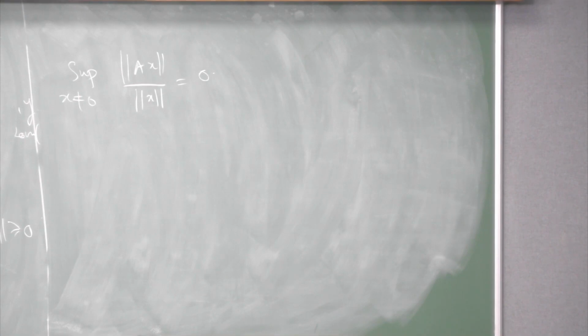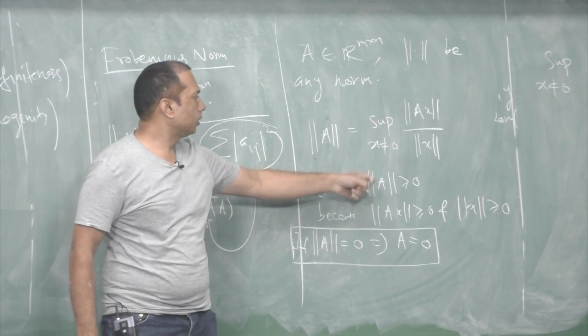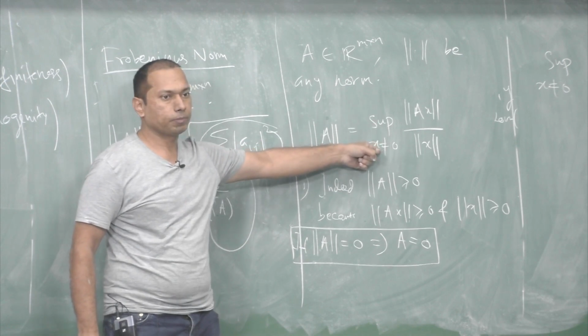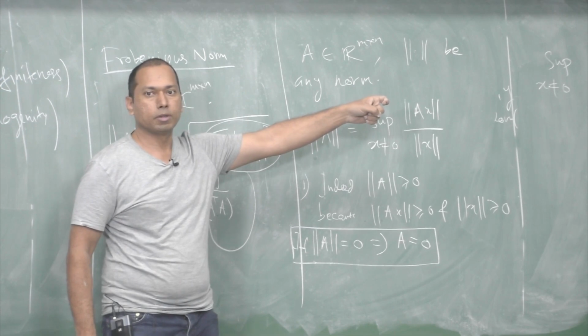Can you conclude from here itself that the minimum of this is 0? And we are saying it's equal to 0, so it must be 0.